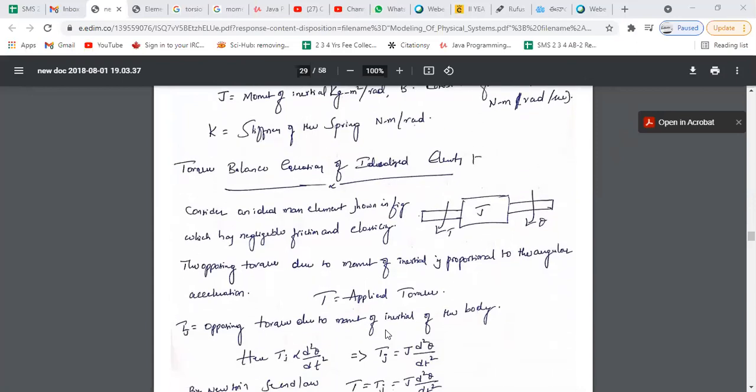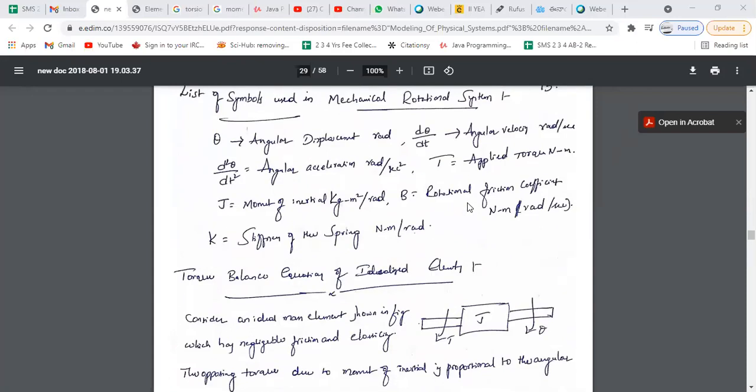So similar to force balance equations, here we should write torque balance equations. Somebody asked, what is the unit of angular acceleration? The unit of angular displacement is radians.